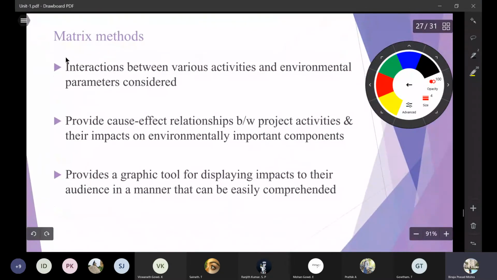Next one is the matrix method. Okay, so as the name suggests, this method involves some matrices. Okay, and here the interaction between the various activities and parameters are considered, and they provide a cause-effect relationship between the project activities and their impacts in environmentally important components.